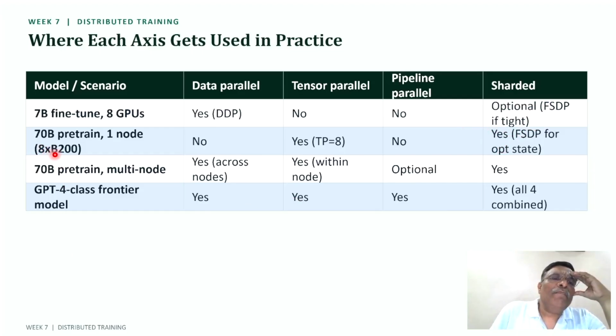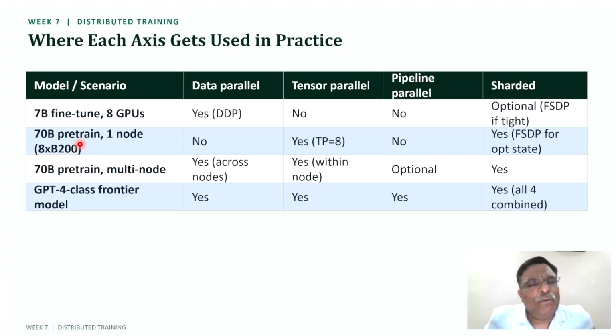Now if you are using a 70 billion parameter pre-trained model and you are running it on one node with 8 GPUs, right? So the assumption is we are having B200 Blackwell 200 GPUs. Even if you assume 8 H100s, B200 is the latest one, so there's a reason I wrote it.